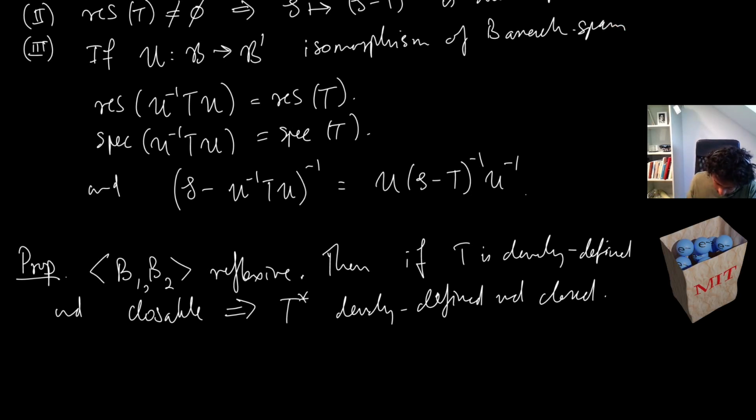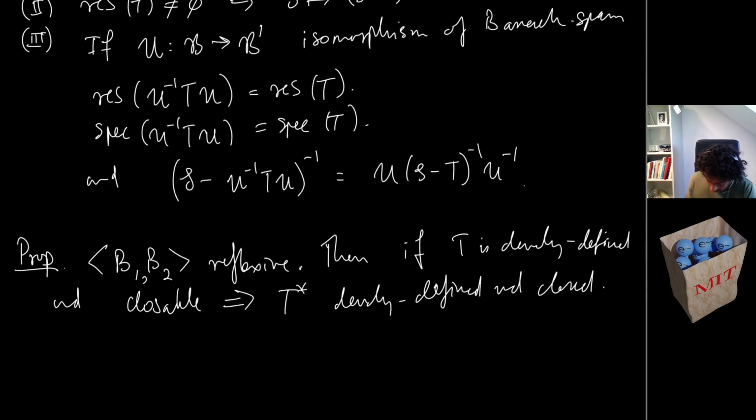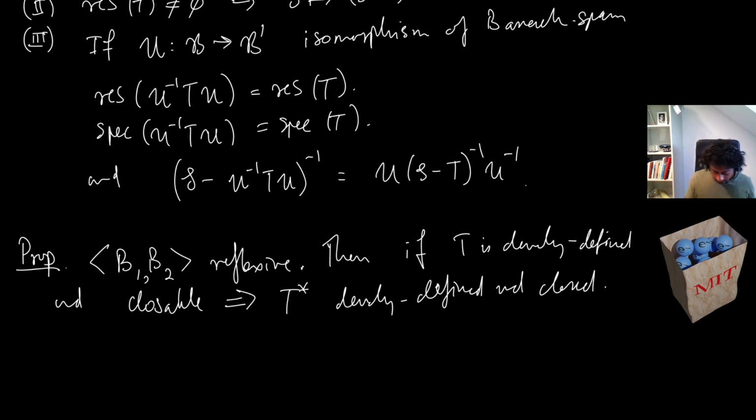Yes. No, T does not map from B1 to B2. T maps from B2 to B2. I mean the adjoint is going to be on the other side of the equation, right? So maybe I need to write this out a bit more clearly.